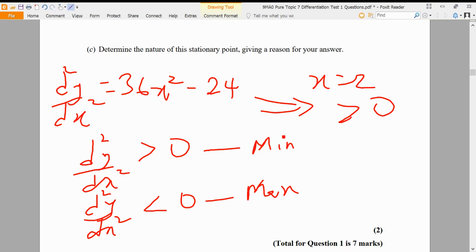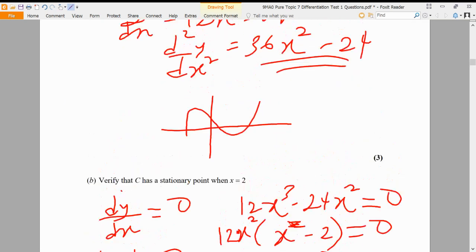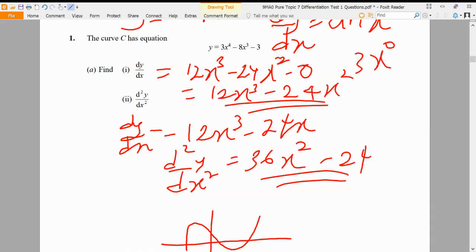But if you want to state this, you can also find the stationary point values. Since you say it is a minimum, you find the minimum value by substituting the 2 in your original equation. So in your original equation, it says y equals 3x raised to the power 4 minus 8x raised to the power 3 minus 3.